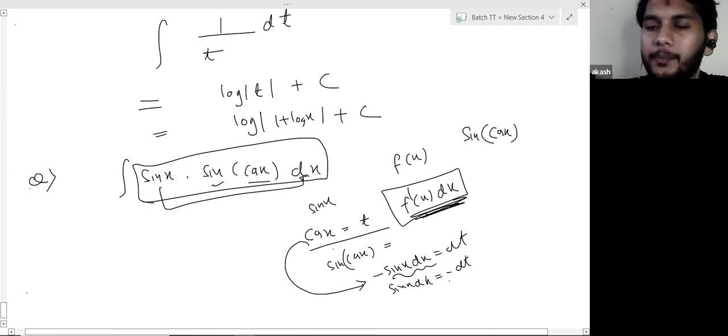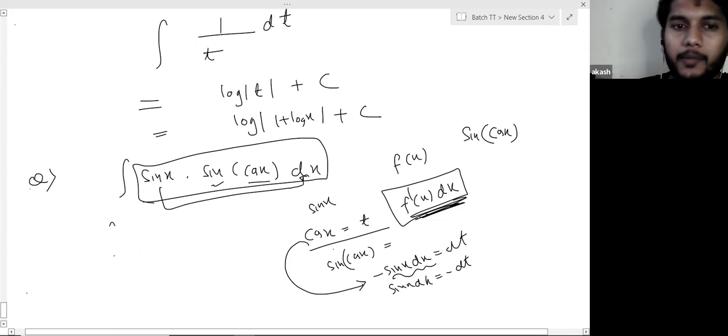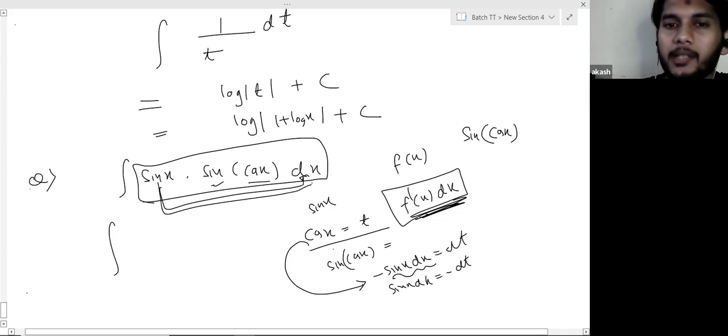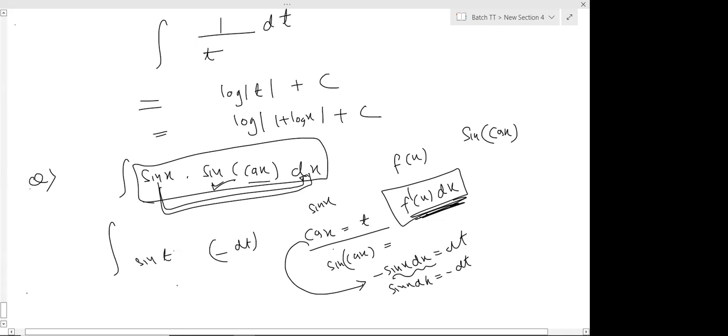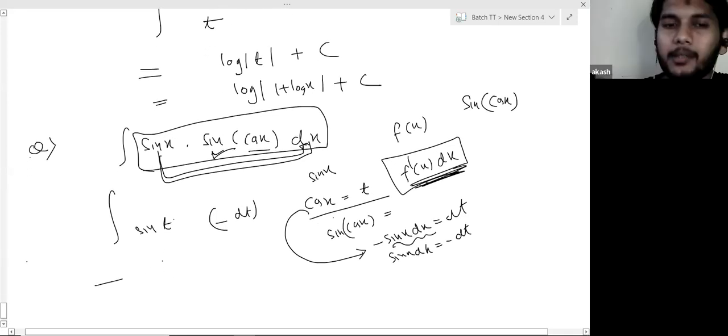Minus dt. Yes, sir. So now we can replace the function. This sin x dx you can write as minus dt, and cos x is t. So the integration becomes, you can take minus out of the integration, sin t dt.